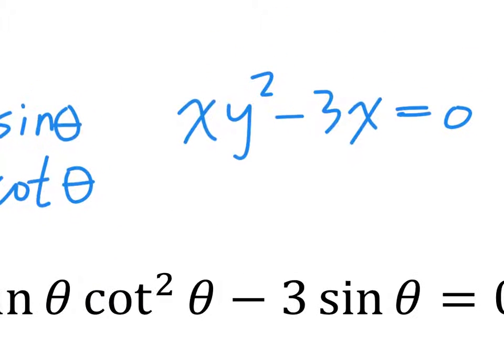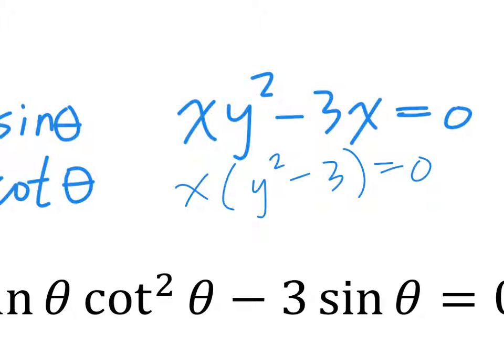If you were to solve this problem, what would you do? Take out x: y squared minus 3 equals 0. What's next? Make them equal to 0. Perfect. x equals 0, y squared minus 3 equals 0. Then what? Y squared equals 3. Good.